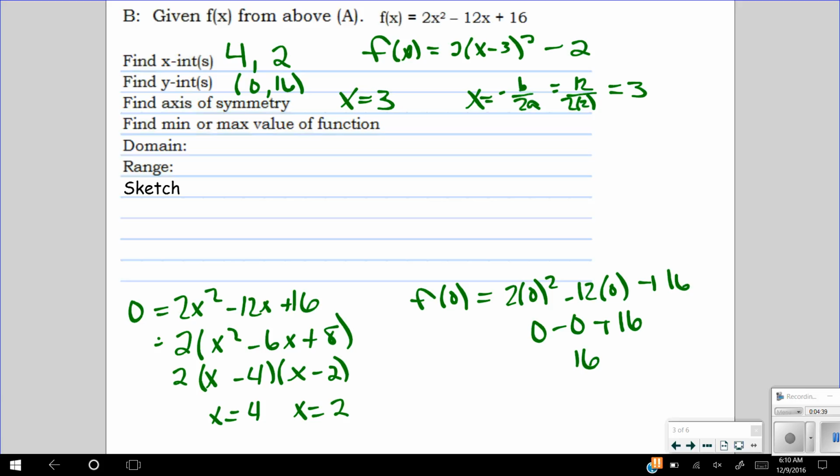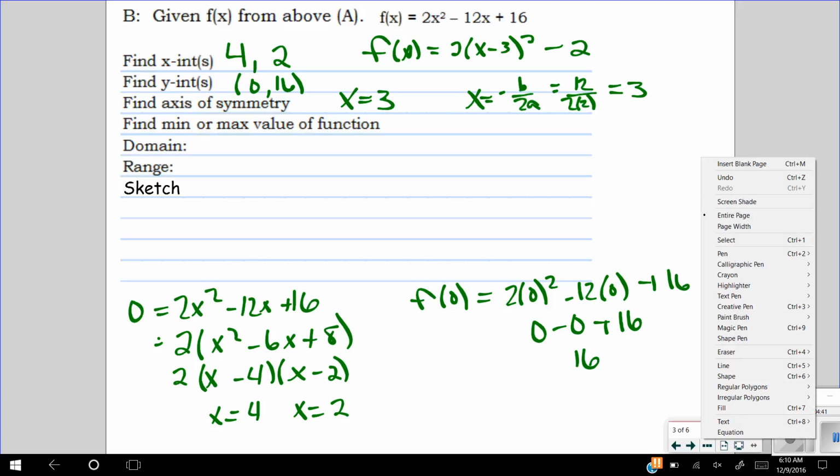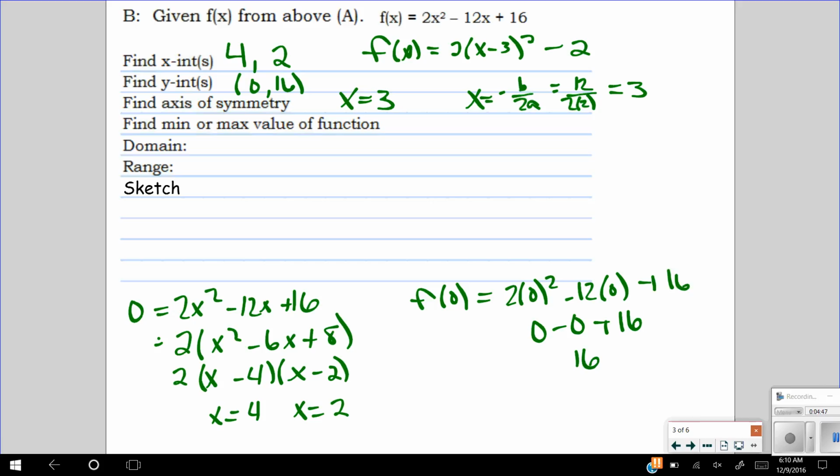I'm going to jump down to the sketch and sketch this before I answer any of the other questions, because the sketch is what's going to help me. So in my sketch, I have a vertex at (3, negative 2). I have x-intercepts at 2 and 4. And because my leading coefficient is 2, that means this thing opens up.